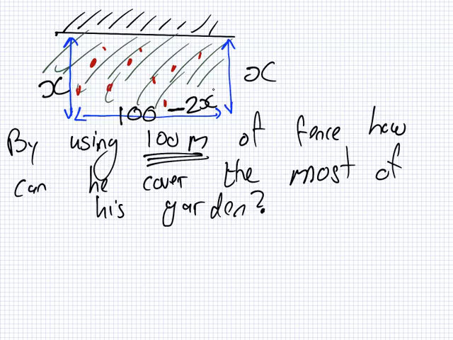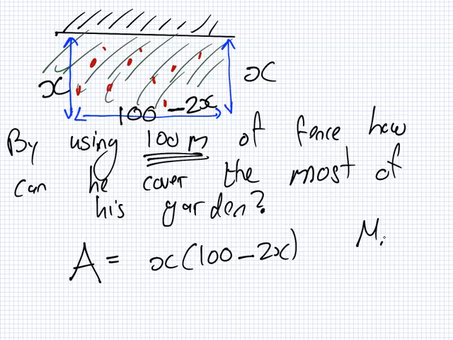He's trying to find the area, which is x times (100 minus 2x), and he wants to know the maximum. So the area is 100x minus 2x squared.